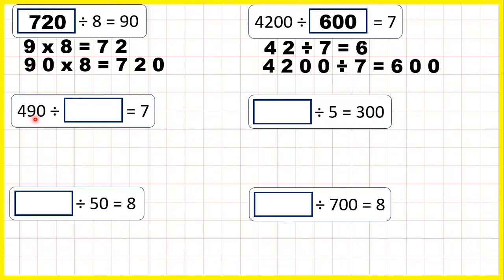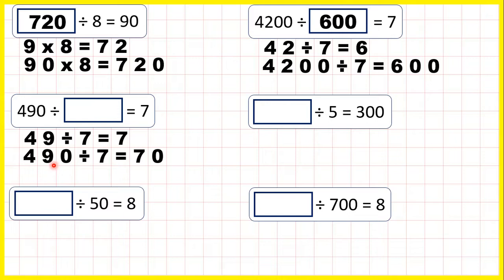Now, 490 divided by something is 7. Again, it's the divisor that's missing, so we need to divide 490 by 7 to get our missing number. We know that 49 divided by 7 is 7, so 490 divided by 7 is 70, because if we have a zero in the dividend, we need a zero in the answer.